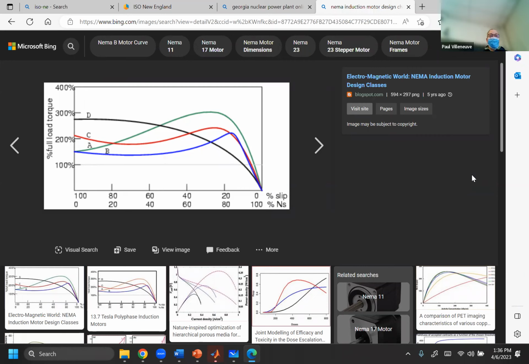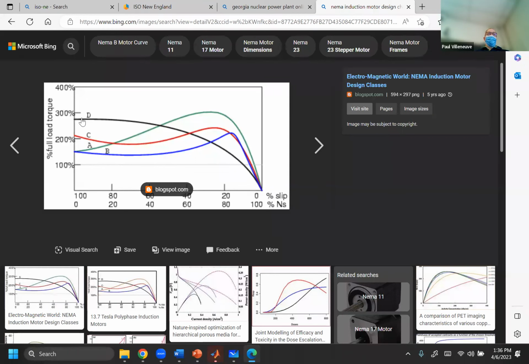And remember how we were in lab? Remember how we said we were fairly flat? That's because we have a NEMA design B. A is where we show that curve and it goes up pretty high and peaks. And then we can see C and D. So C is basically increasing my resistance and I get a little bit of a dropping here.